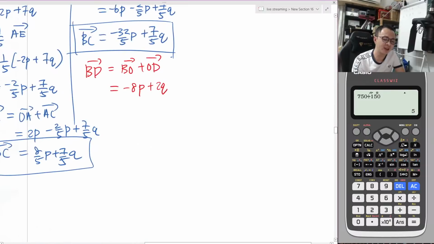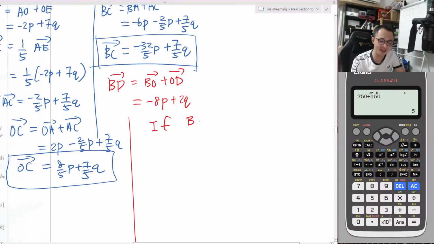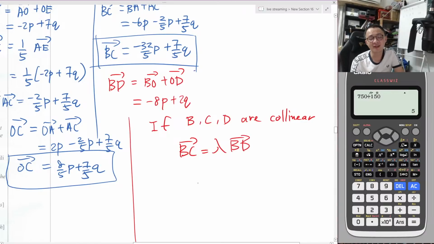Okay, so if BCD are collinear, then BC will equal lambda of BD. So let's see. If both of them, when I'm comparing the P and Q, give me the same value of lambda, basically it means they are collinear.